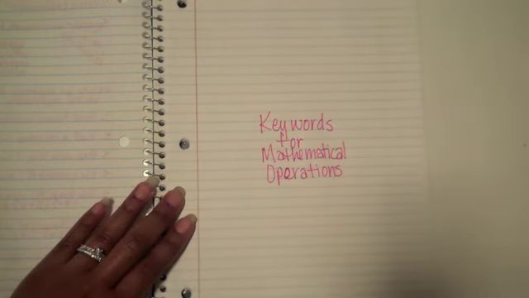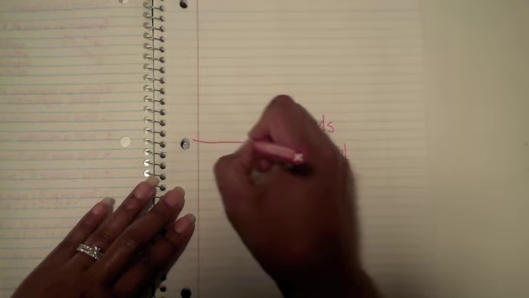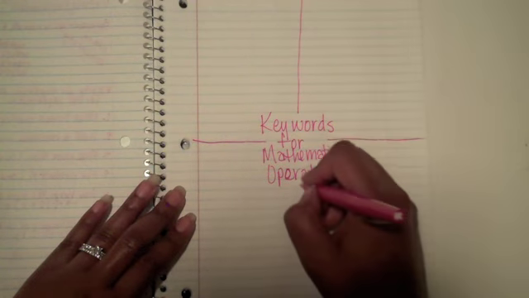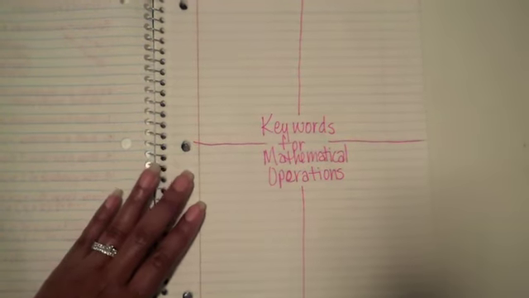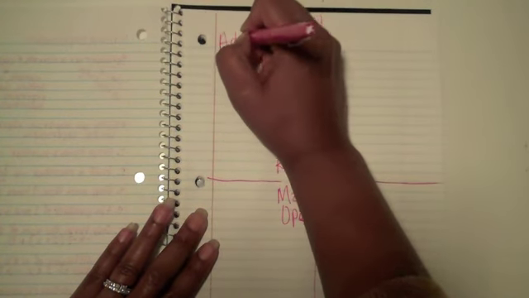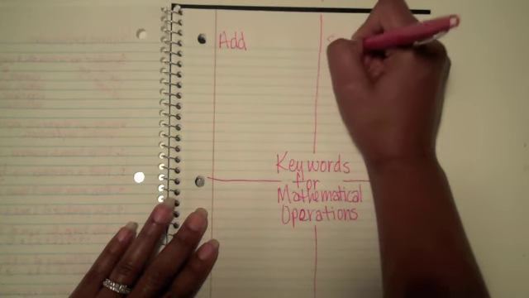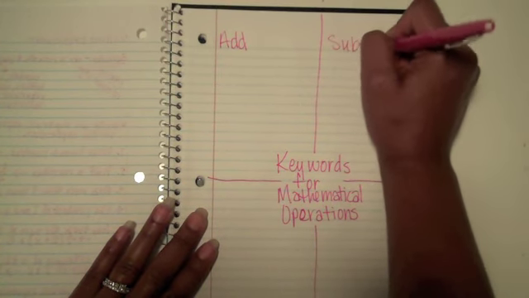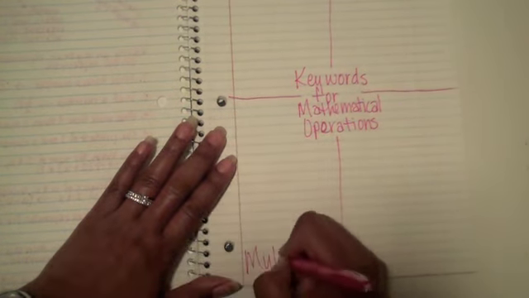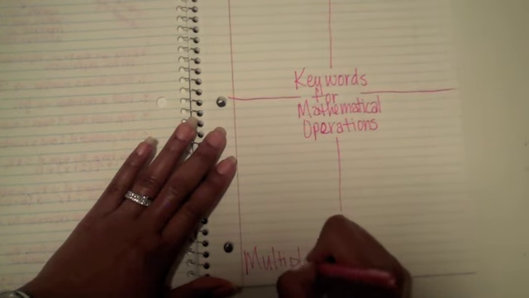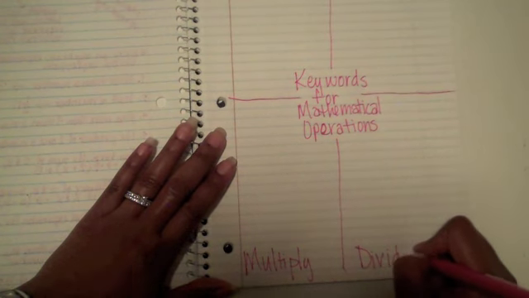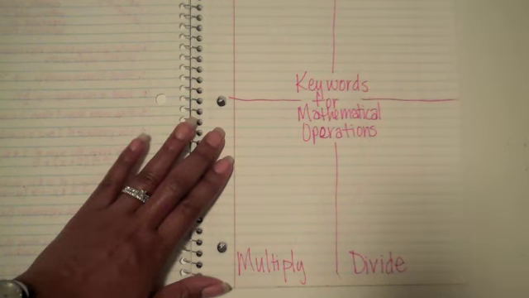Okay, and what I want you to do is to divide your paper into 4 sections. I want each operation to have its own section. So I want you to have add, subtract, multiply, and divide.